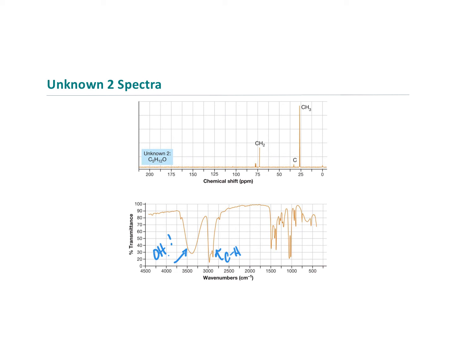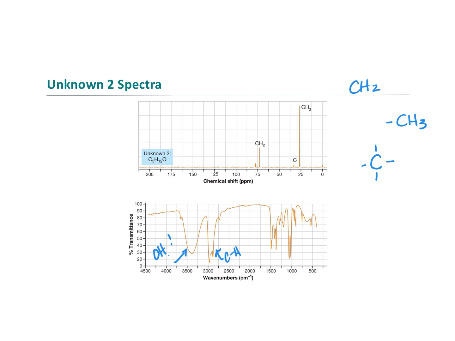So just like we did for the NMR spectra, let's see if we can get some kind of molecular fragments here. So if we know we're going to end up with a CH3, okay? We know we're going to end up with a carbon, right, that doesn't have any hydrogens attached to it. And then we know we're going to end up with a CH2, okay?